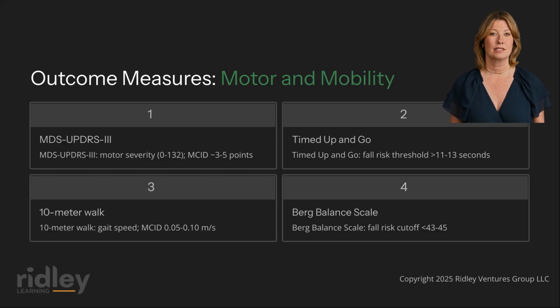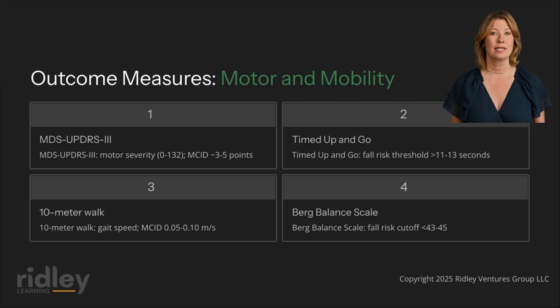Gait and balance assessment typically employs a combination of timed functional tests and rating scales. The timed up and go test measures the time required to rise from a chair, walk 3 meters, turn, return, and sit, providing a practical measure of functional mobility that predicts fall risk. Values exceeding 11 to 13 seconds indicate increased fall risk in Parkinson's disease populations.